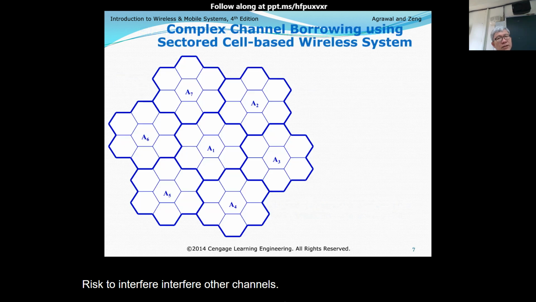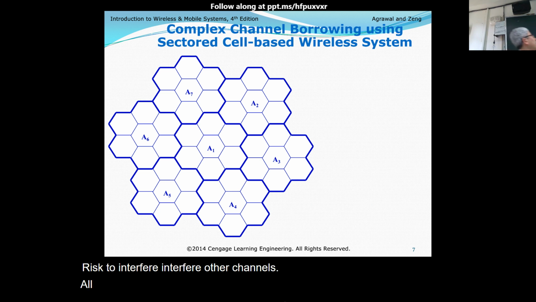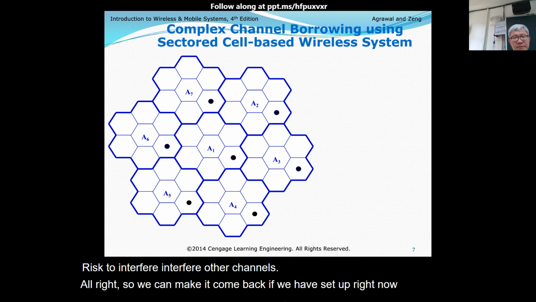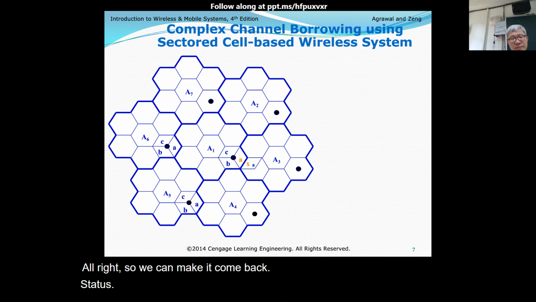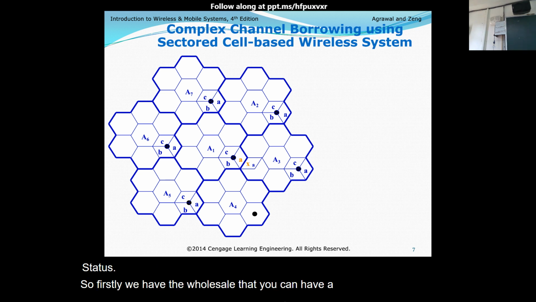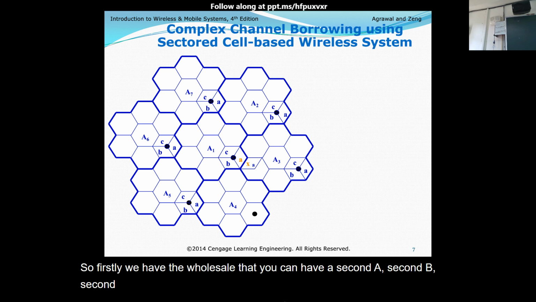All right. So we can make it more complex, because if previously we simply had cells, right now we have sectors. Previously we had the whole cell; in fact, you can have sector A, sector B, sector C, so that we have directional antennas.